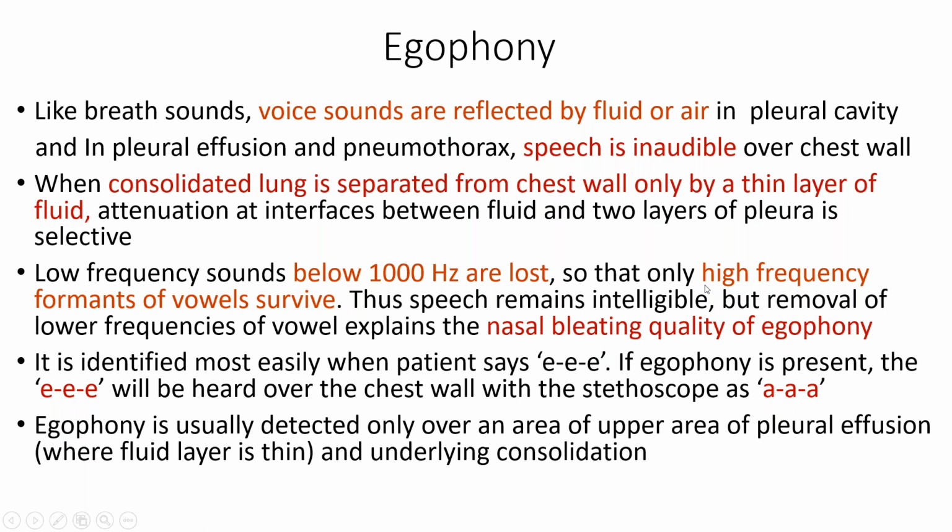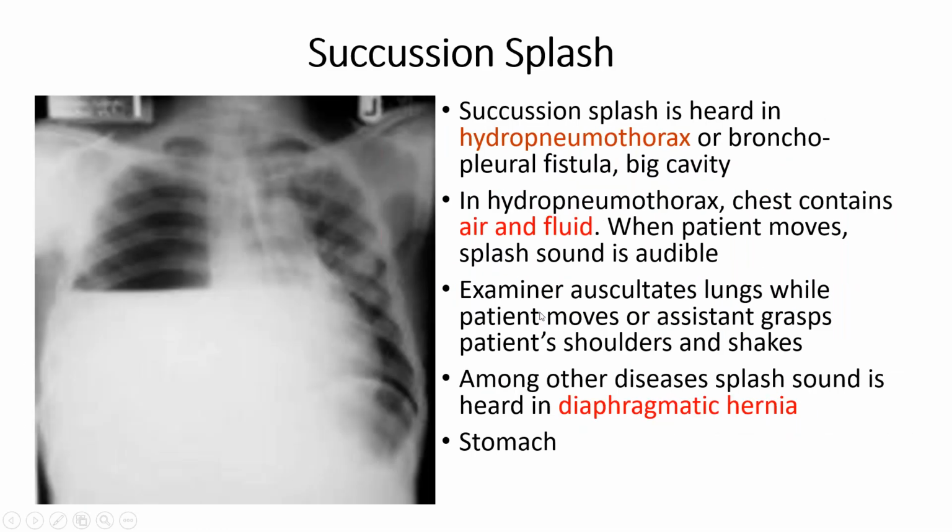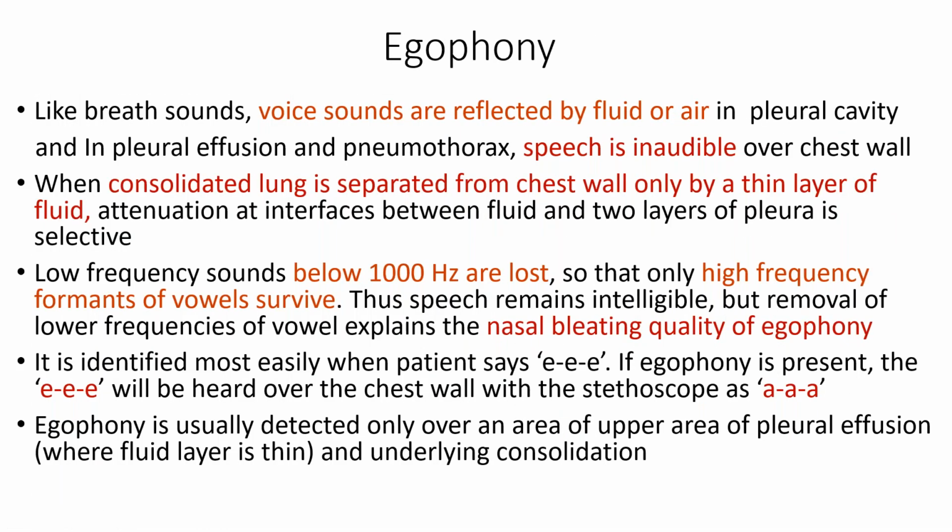Frequencies below 1000 are lost, so only the high-frequency formants of vowels survive. A and E both survive, but below 1000 is lost. Thus speech remains intelligible and comprehensible, but removal of the lower-frequency vowel sounds leads to nasal bleating. You know what nasal bleating is.